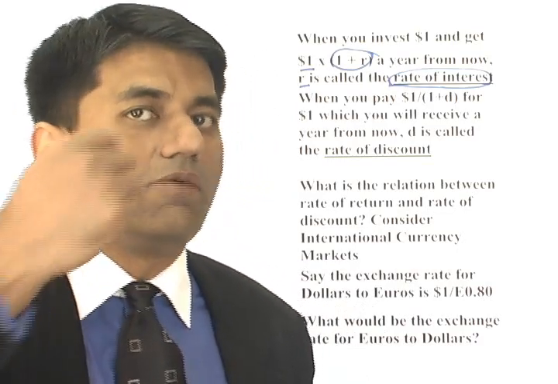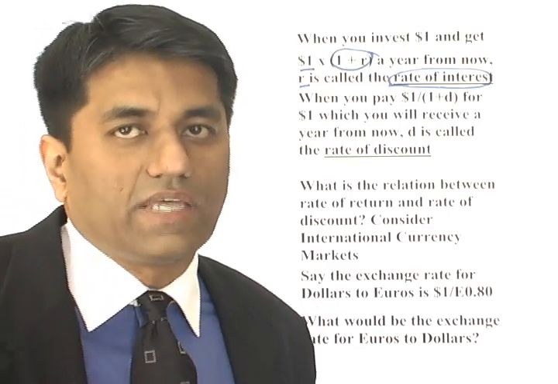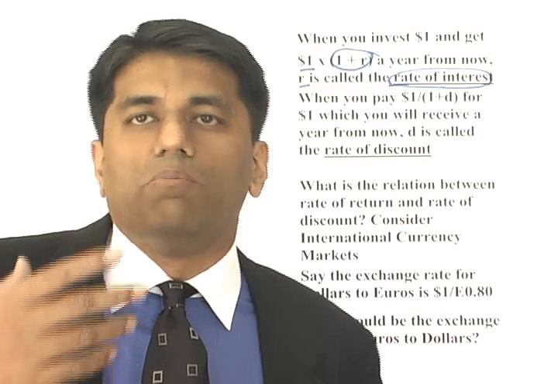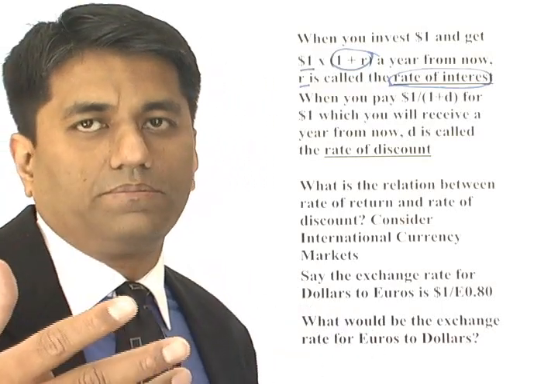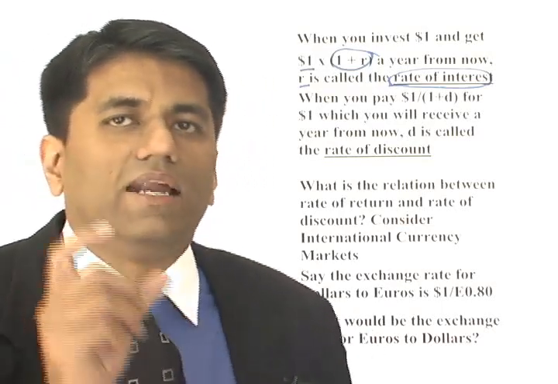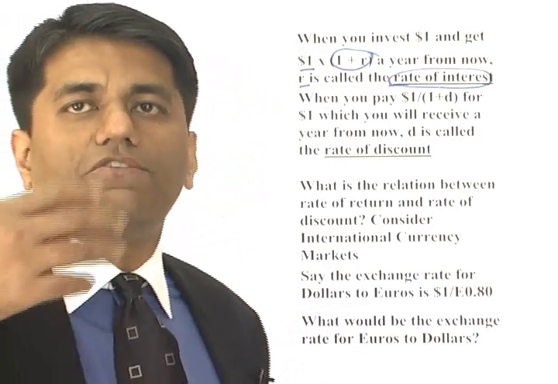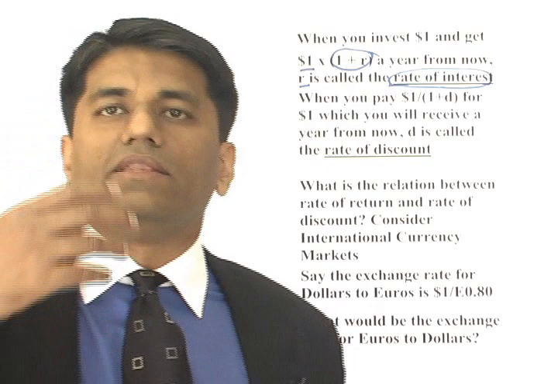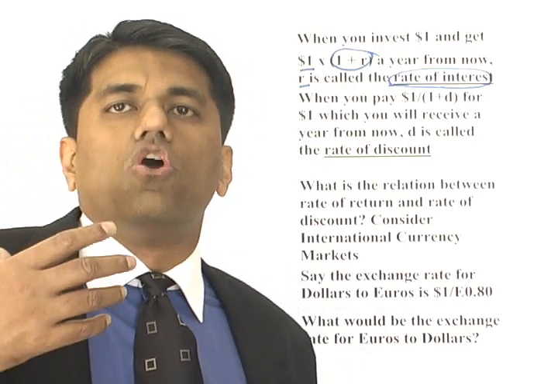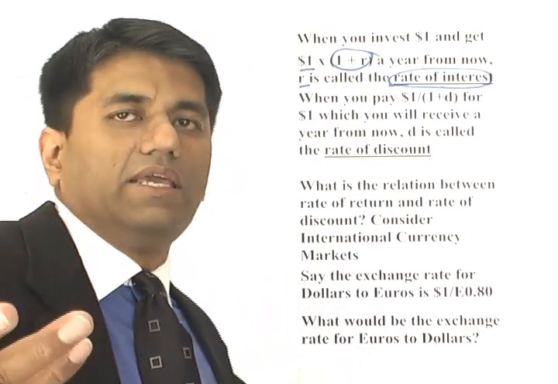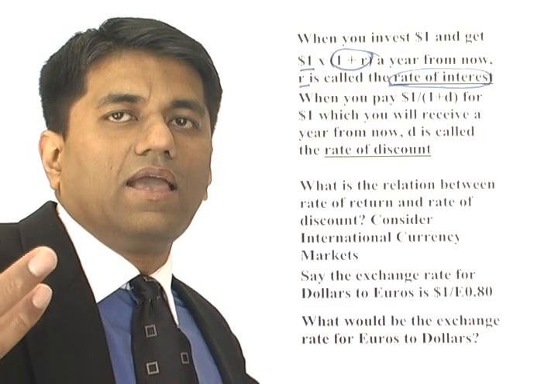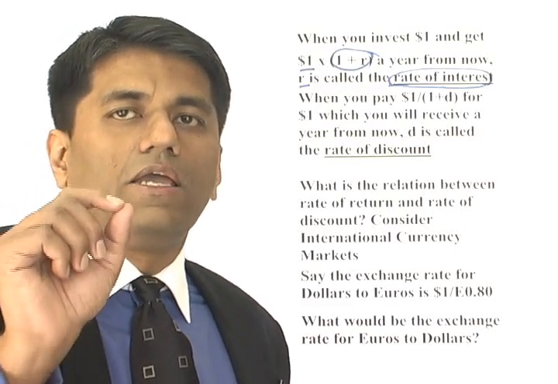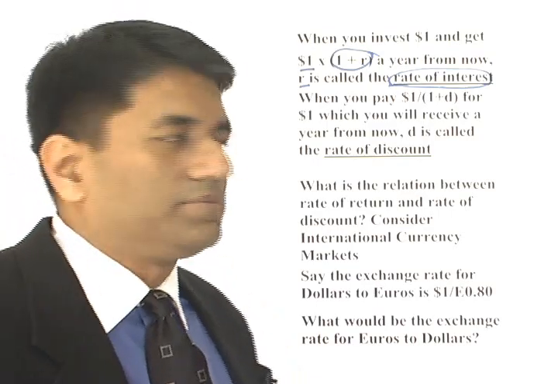And how did I come up with this number of 95 cents? Well, I have a discount rate for the money that I receive in the future. So the money that I receive in the future, I find the present value of it for me, that is how much I'm willing to give up today to receive that money in the future, and that present value is found by using the discount rate.